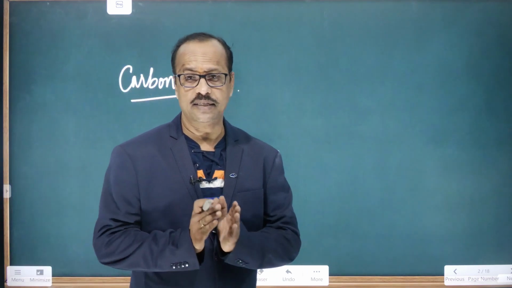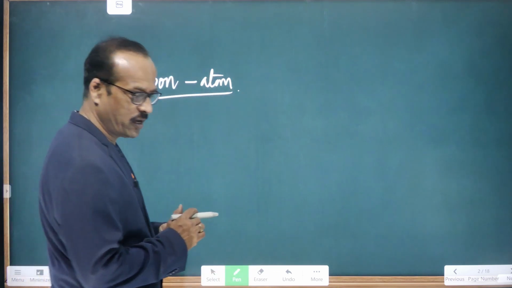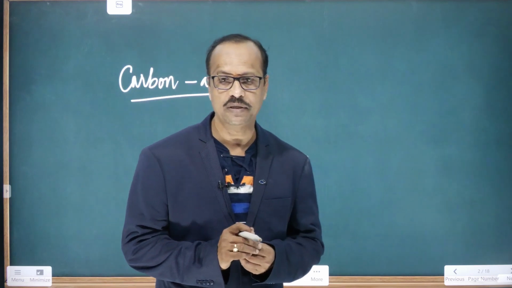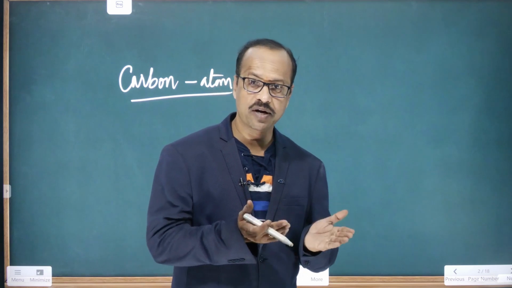Carbon has isotopes. You know what isotopes are: atoms of the same element having the same atomic number but different mass numbers.